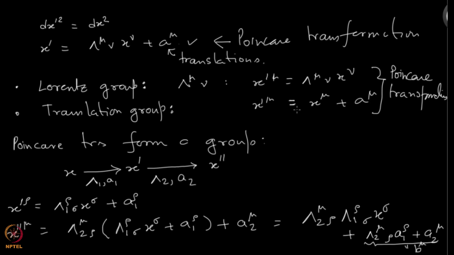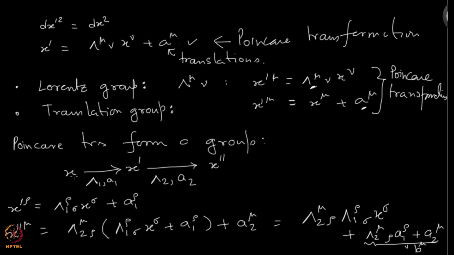Now, you may wonder whether Poincare transformations form a group, and indeed they do, and here is how to find it. Suppose you start with a space time point x and do a Poincare transformation, which is parameterized by a lambda and a, where a is constant, and of course, lambda is also a constant matrix.